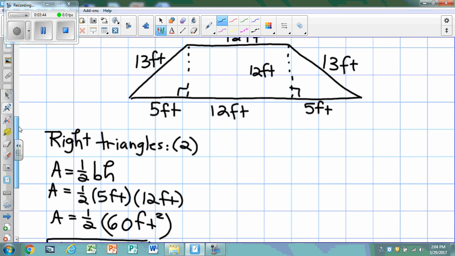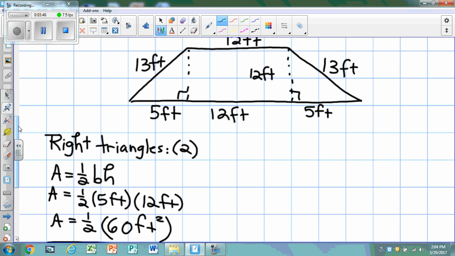Now let's go back and take a look at our square. Last year you learned the formula for a square. Who remembers how to find the area of a square? And let me remind you that a square is a special rectangle. So what is our square's area? We're not calling out any values.